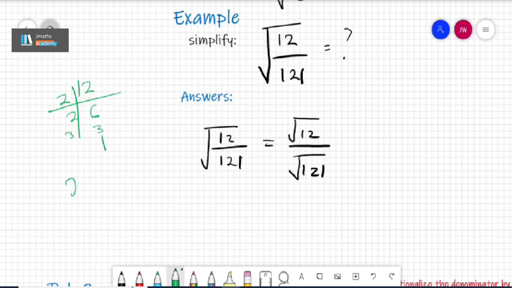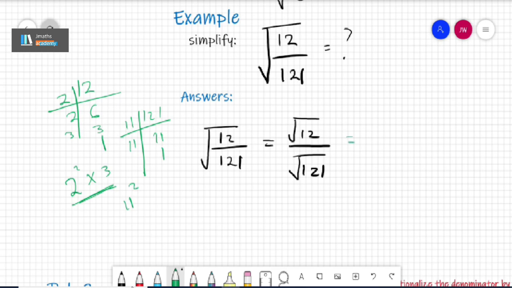So I can simplify this as 2 raised to the power of 2 multiplied by 3 in indices form. And if you are to find the factors of 121, 11 into 121 is 11. 11 go here 1. So we already know that the square root of 121 is what?